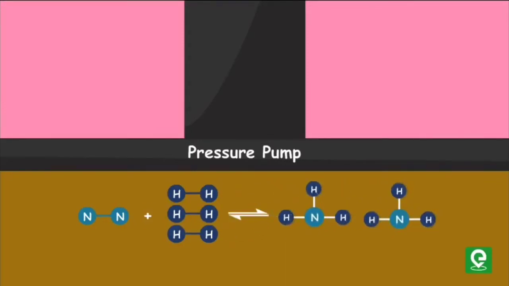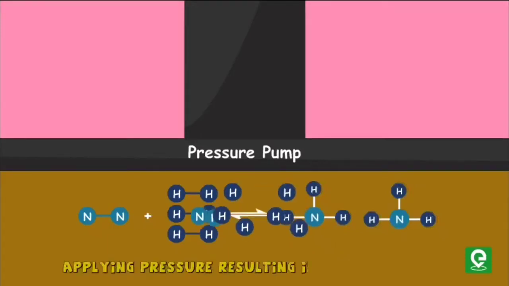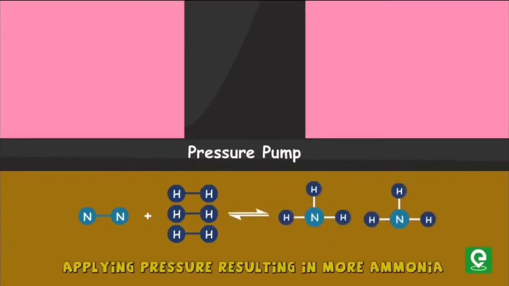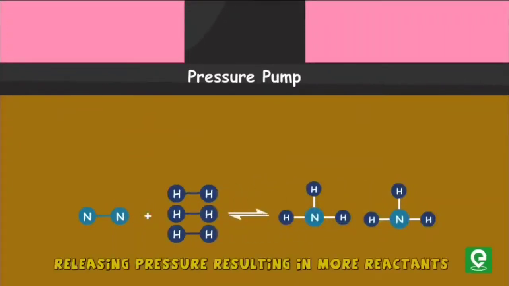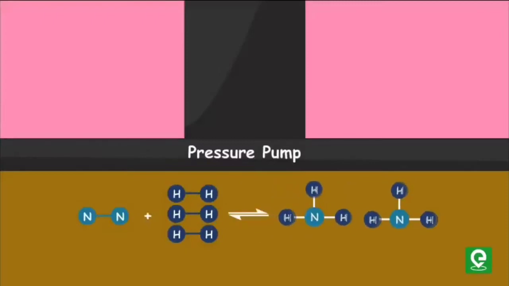And dear students, on the screen you are also seeing the reaction of ammonia. Here 1 mole of nitrogen reacts with 3 mole of hydrogen to produce 2 mole of ammonia. Here if pressure is increased, the reactant molecules convert into the product molecules.